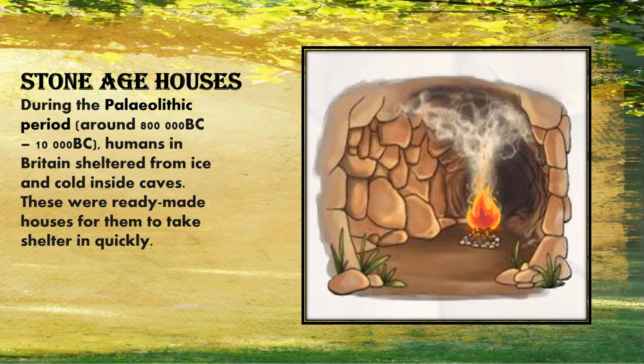These were ready-made houses for them to take shelter in quickly. You can see on your screen the shelter of the Stone Age. These houses were made in the Stone Age by cutting the rocks.